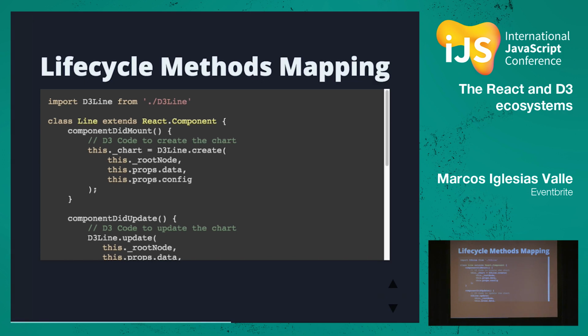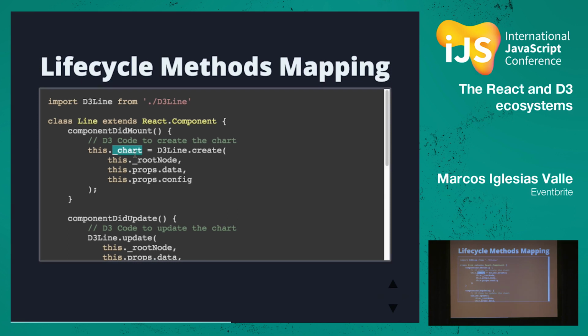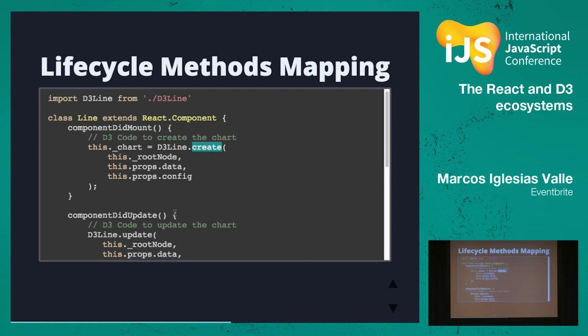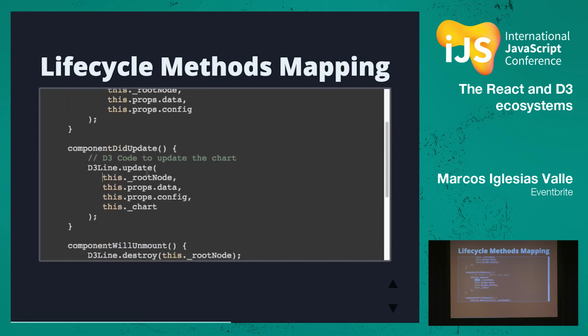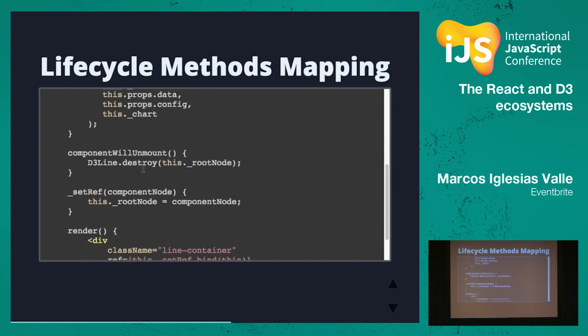There you go. So we create an instance of a chart, and then we call the D3 chart, and we call create here, and then on update, we call update, and then when we unmount, we just destroy it.